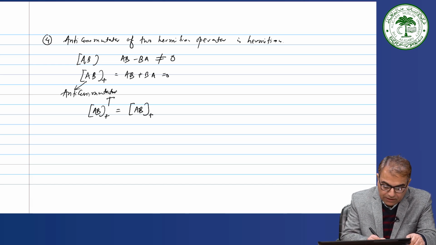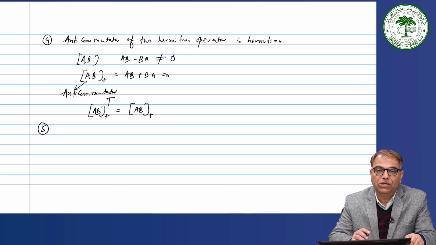Then the most important property for which we use Hermitian operators in quantum mechanics is that the eigenvalue of a Hermitian operator is always real.